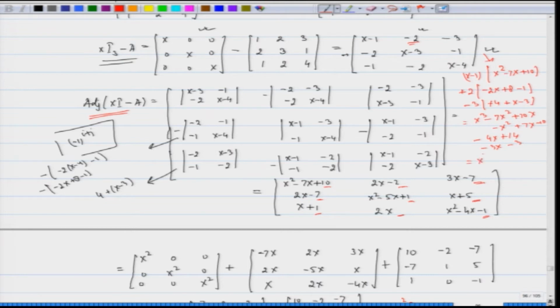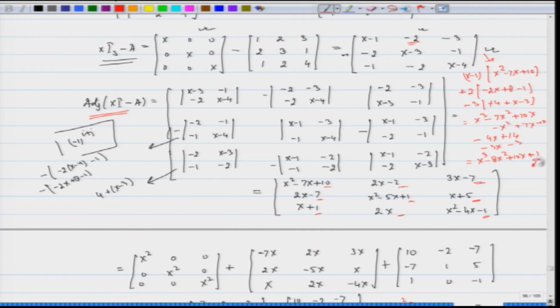So, this is nothing but x cube minus 8x square. Let me check. Plus 7x minus 7x is 0, so plus 10x, fine. And then it should be minus 1. So, minus 10, minus 13 plus 1, so it is plus 1.